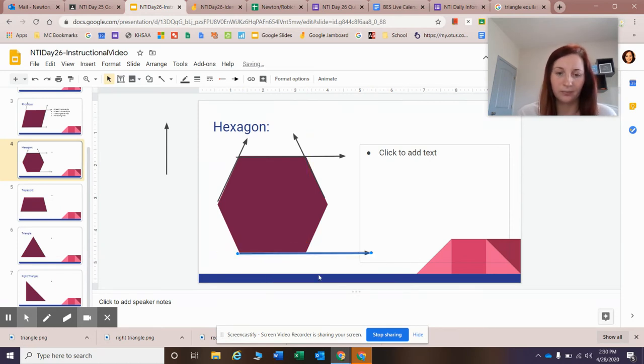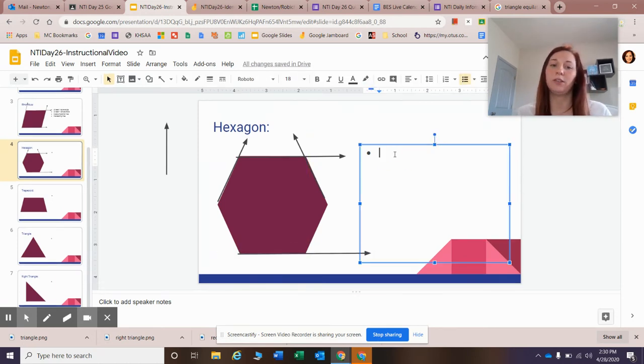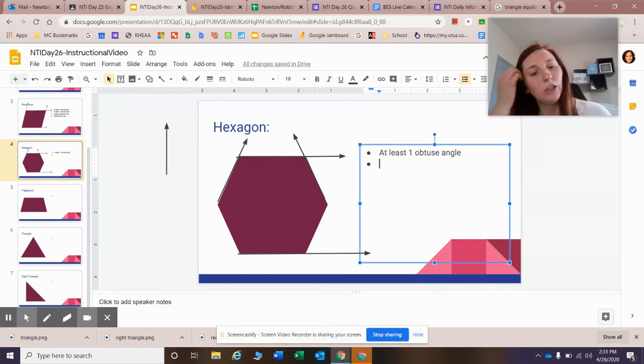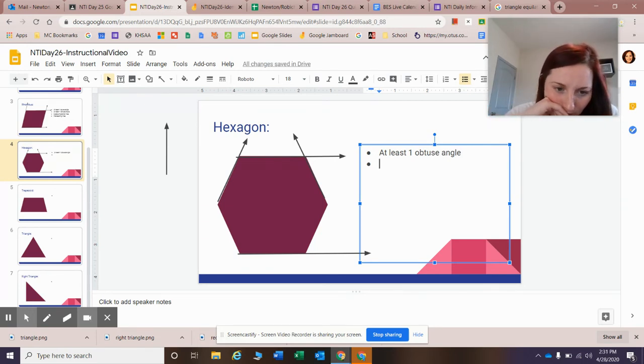All right, let's go through our different types of angles. Do we see any right angles? I don't see any right angles, but I definitely see a lot of obtuse angles. So I'm going to put at least one obtuse angle. What about acute angles? I don't see any acute angles. They're all obtuse. Let's go on to lines. Parallel lines.